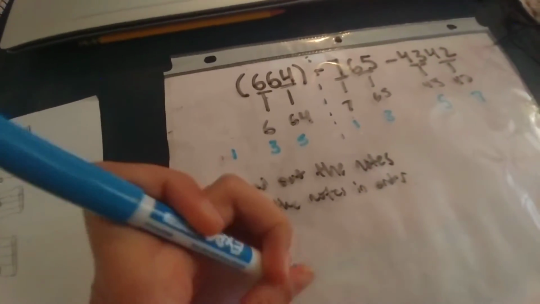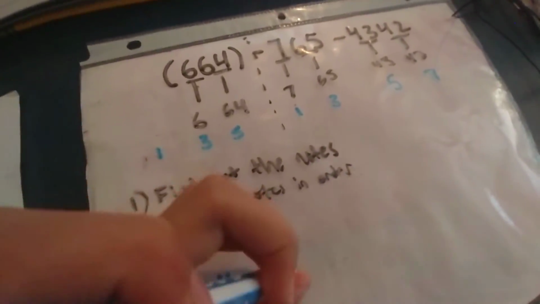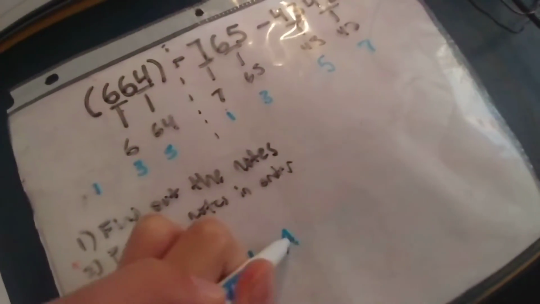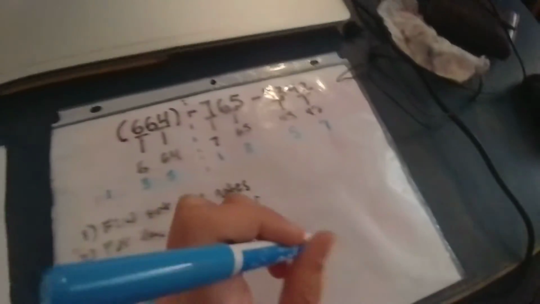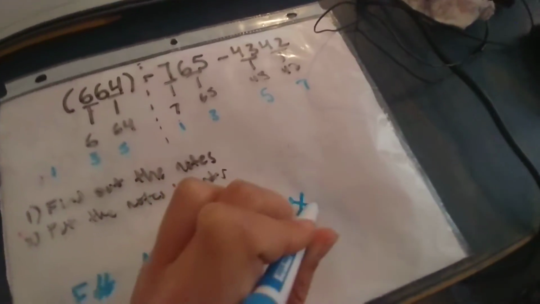Okay, now we have an F sharp, we have an A sharp, we have another A sharp, and we have a C double sharp. It's kind of interesting.